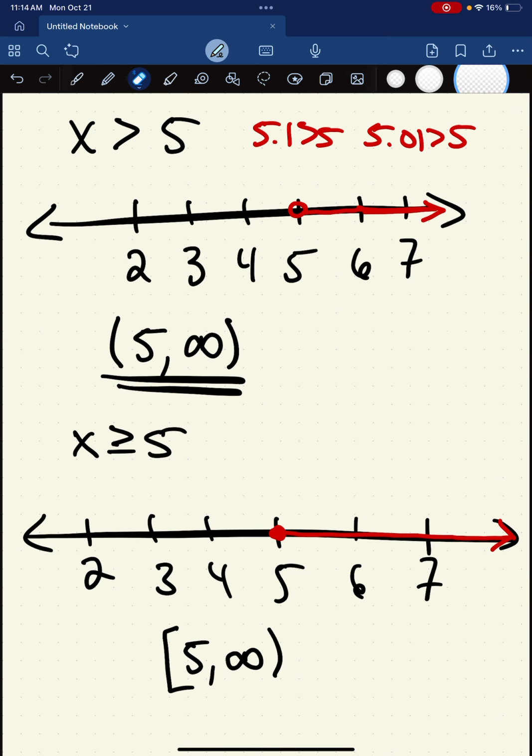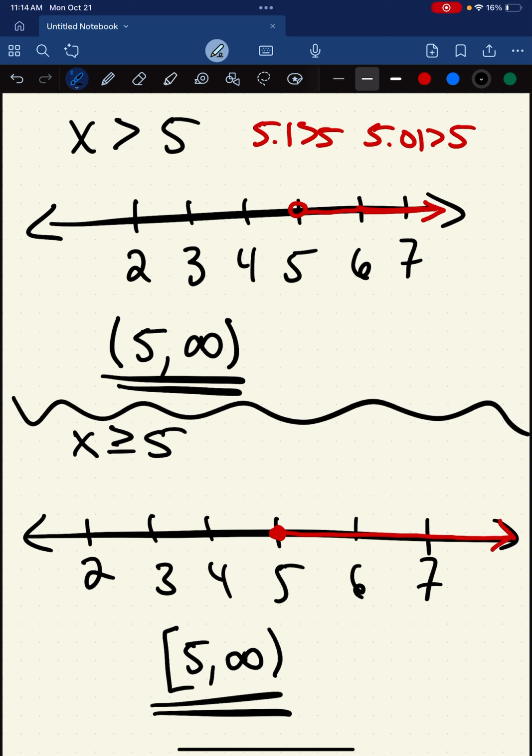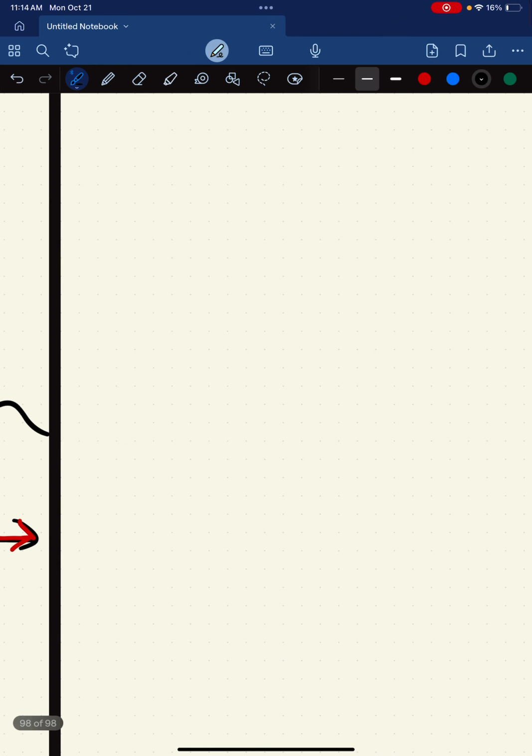But for what we're doing here, and for all intents and purposes, we're just going to use parentheses. Okay. So whenever it's strictly greater than, you're going to use a circle. Same thing if it's strictly less than. Whenever it's greater than or equal to, then you're going to fill in your circle.